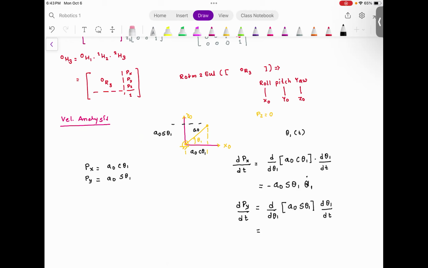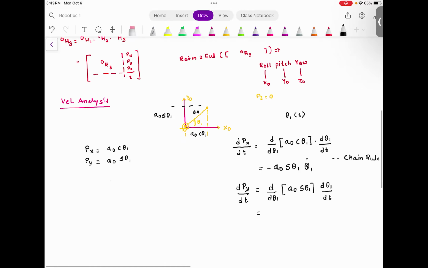So you have to use the chain rule. Even if you don't remember this, MATLAB will do it for you, but I want you to understand this. It is going to be A0 cosine theta 1 dot. And for the sake of discussion, dPz by dt is clearly going to be 0 because we are talking about a planar case. Do you agree with me? Any questions here?